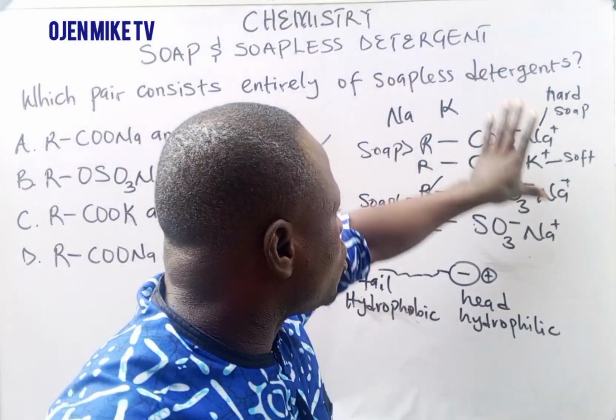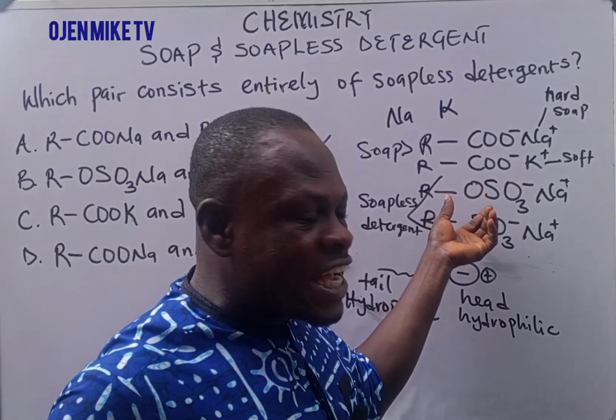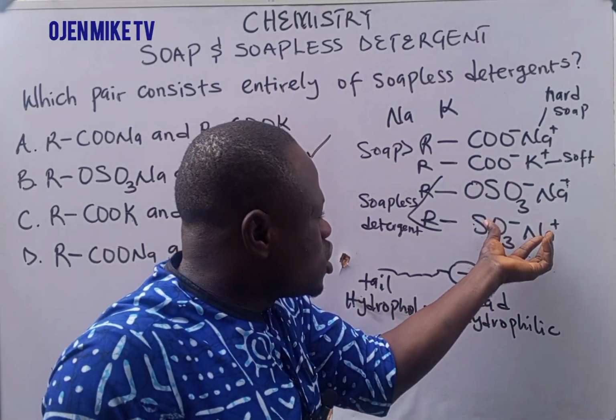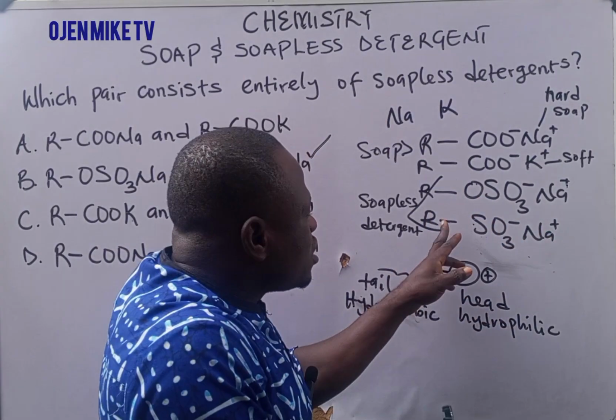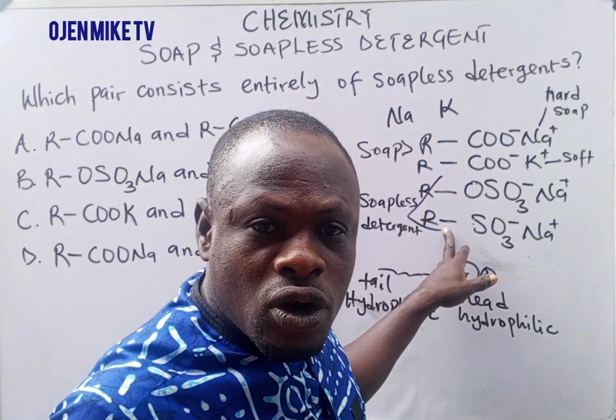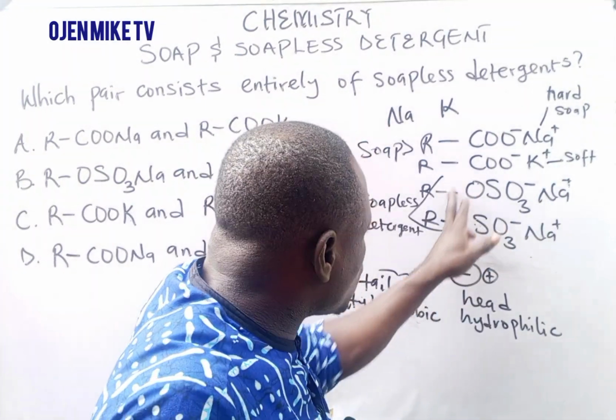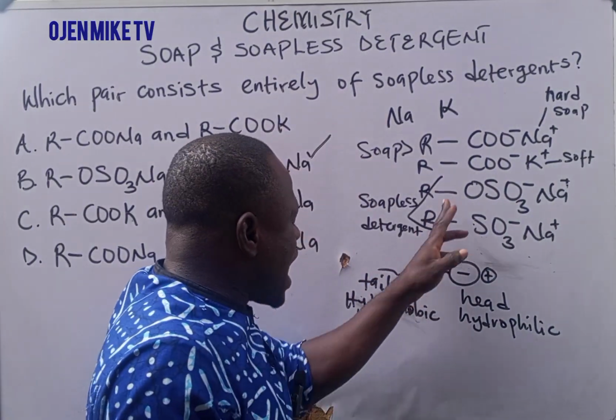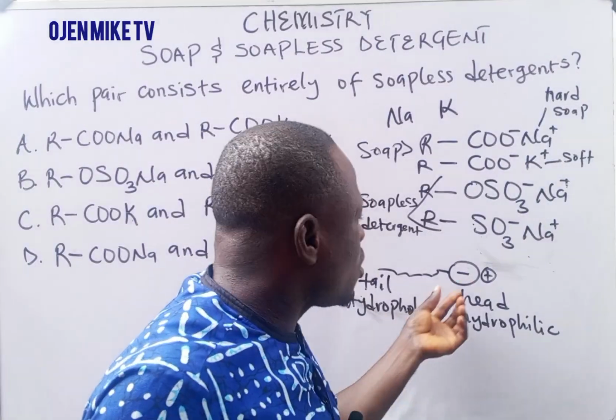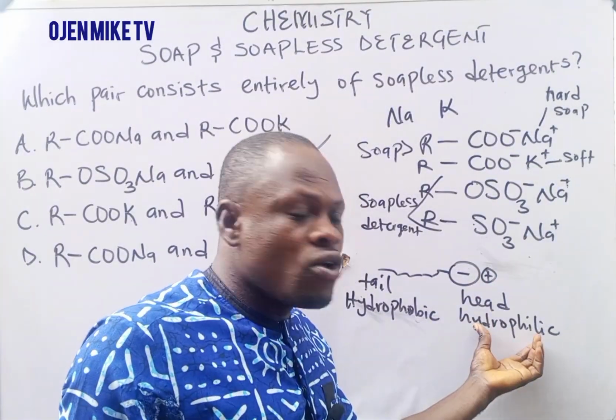Both the soap and the soapless detergent have this head. While the tail is the long chain hydrocarbon. This long chain hydrocarbon is the tail, and the tail is called hydrophobic, while the head is called hydrophilic.